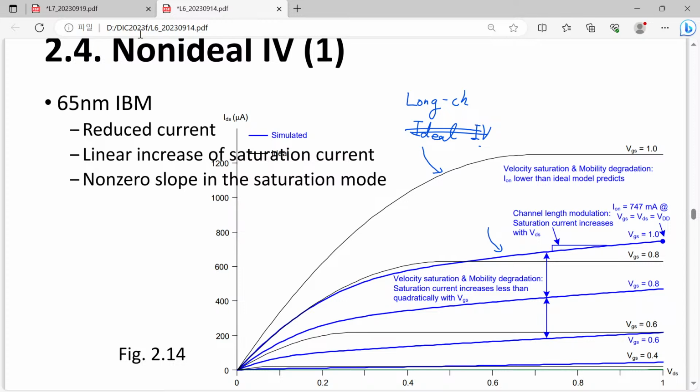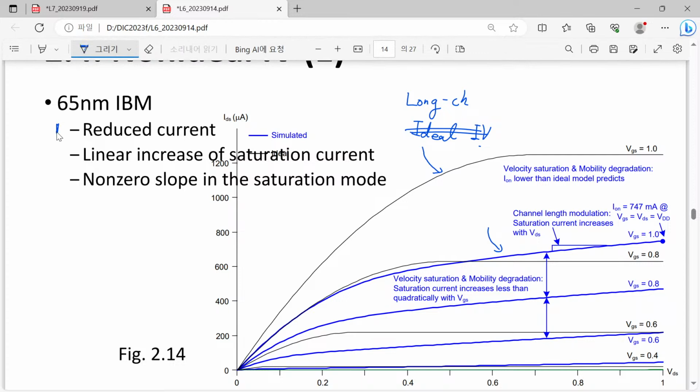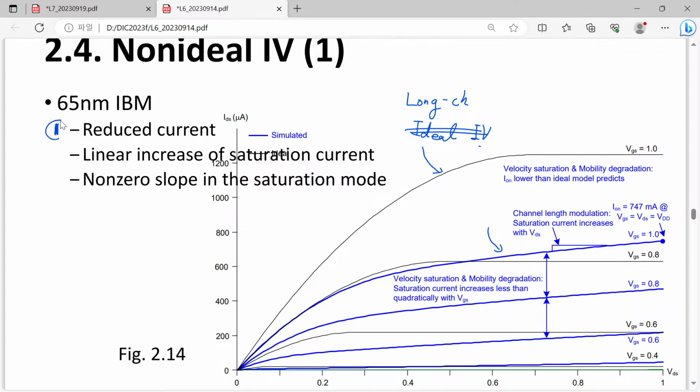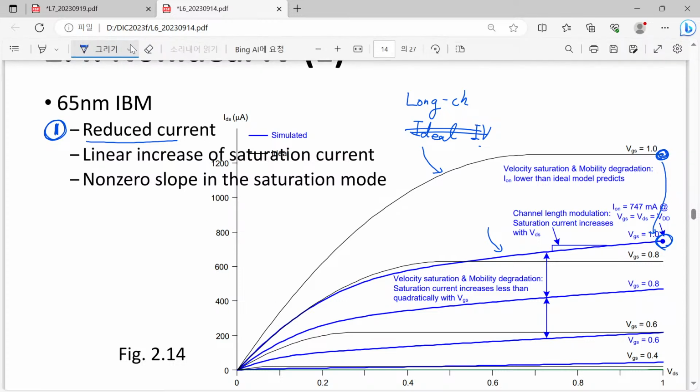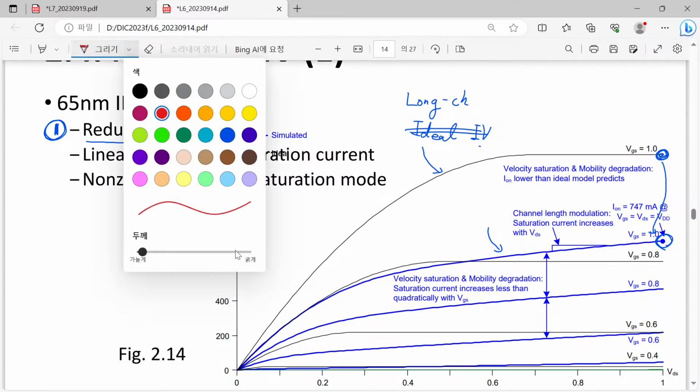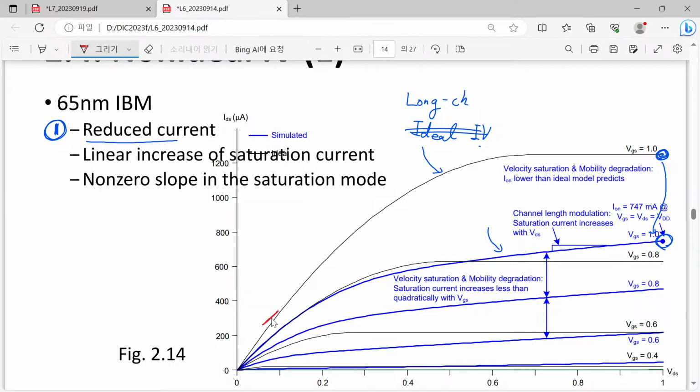Then once again we can find that the first thing we have to keep in mind is that when we have such a realistic transistor, we have reduced current level. The current level predicted by this point, this on current, is much lower. Not only is this saturation current reduced, but also please think about this part. Here we have curves for linear mode and saturation mode.